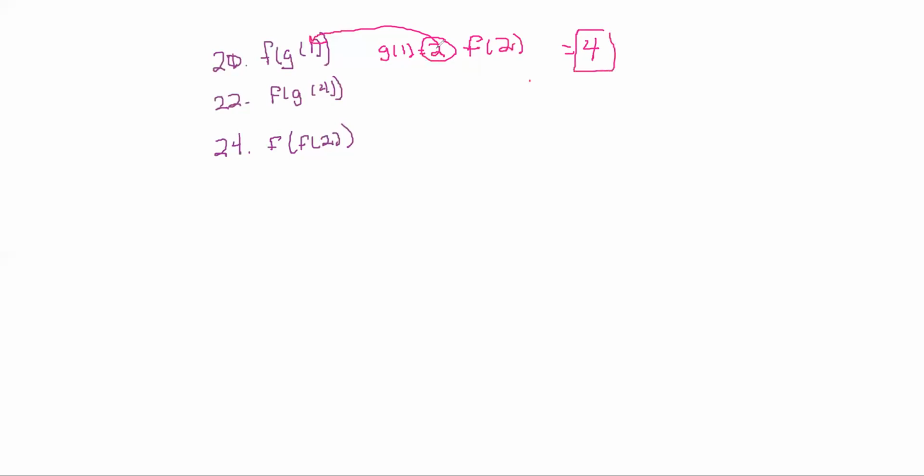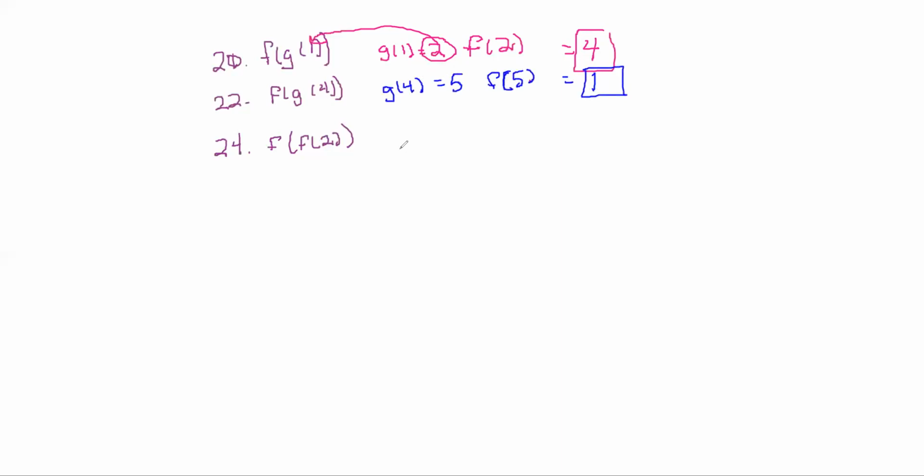Okay, let's try 22. What is g of 4? 1. No, g of 4 is 5. Mm-hmm. So we need to find f of 5. And that is 1. Yep. Okay, what about this last one?